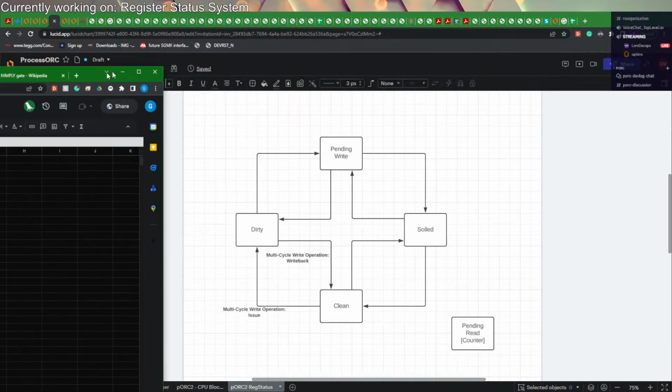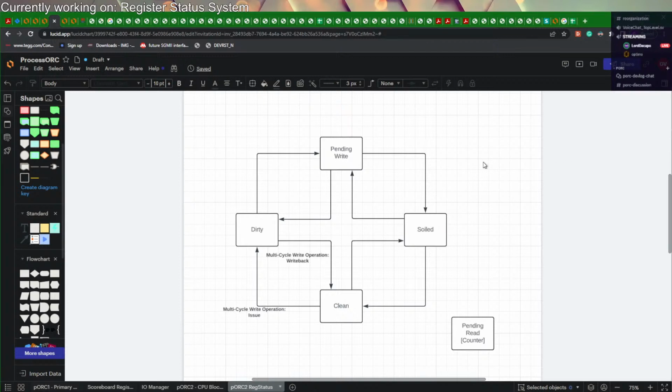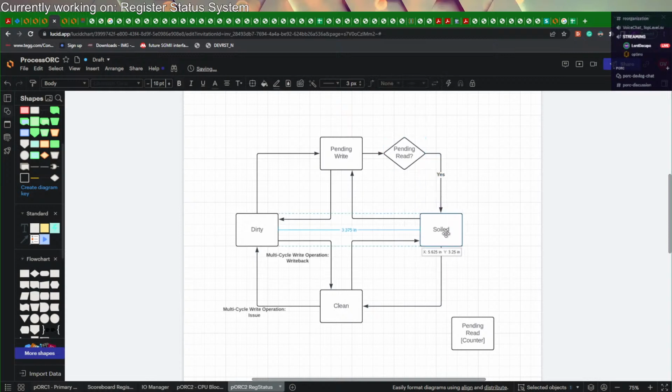So what I need to do is, this actually needs to have a decision on it. Pending read. Yes.